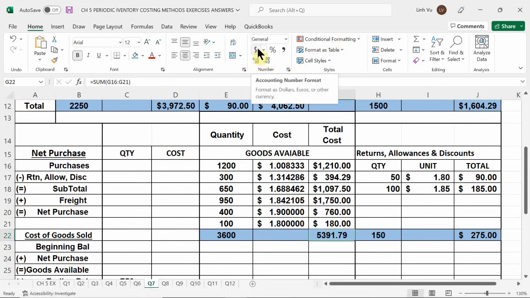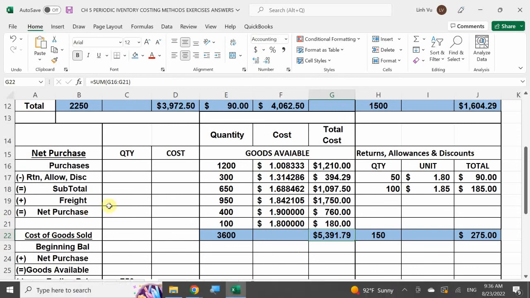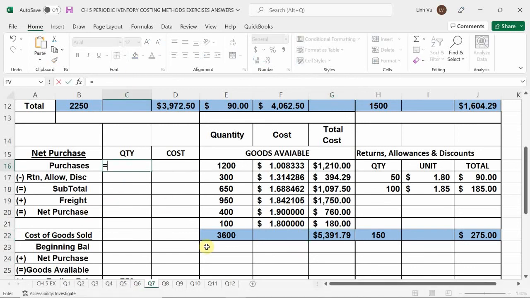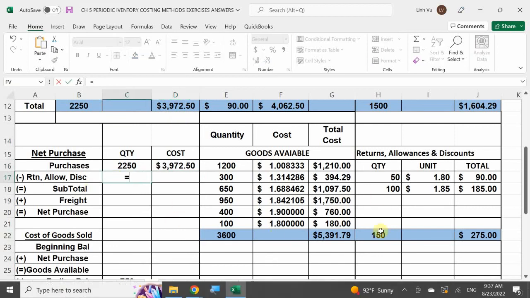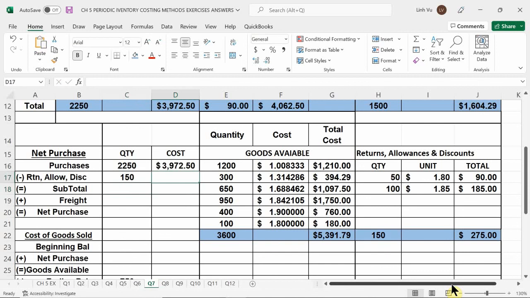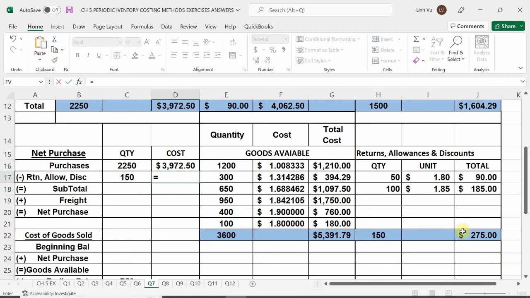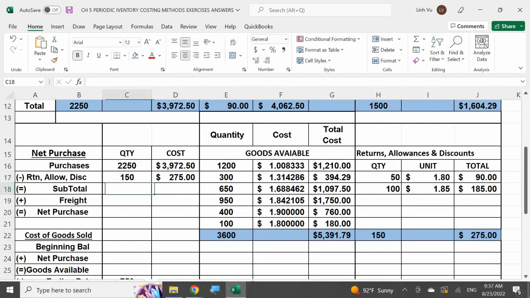So now that we have all of our numbers solved here, let's go ahead and plug it into our inventory worksheet. Okay, so I got 2250 at $3,972.50. My total refunds, I end up returning 150 toys at a total refund of $275.